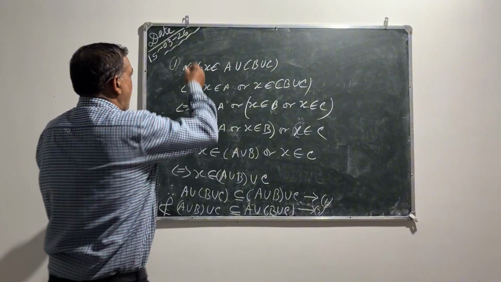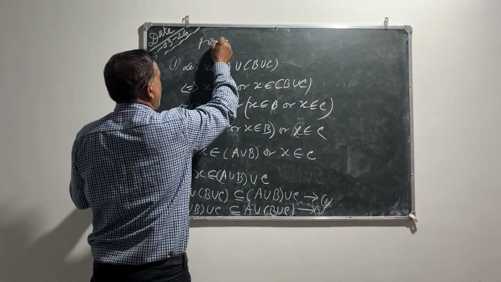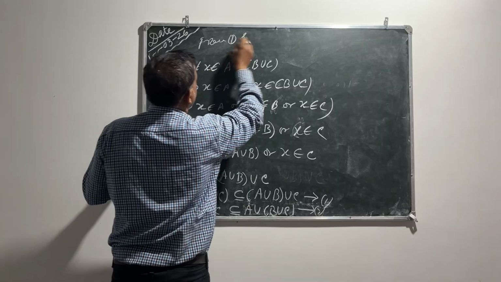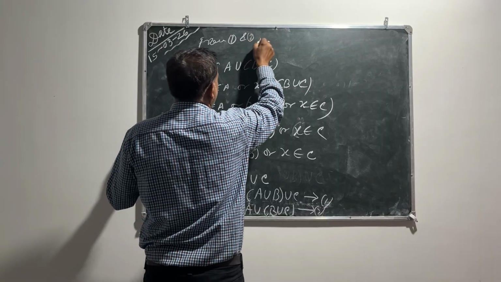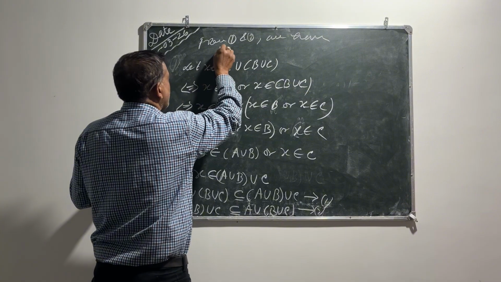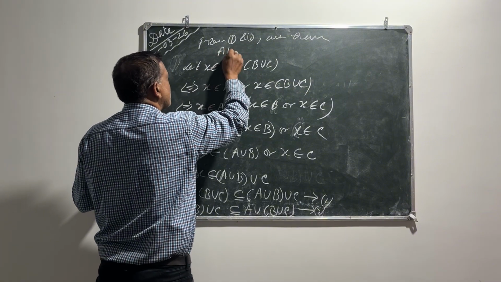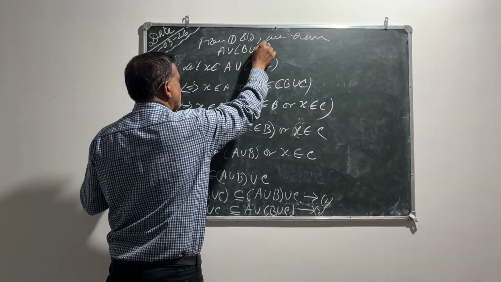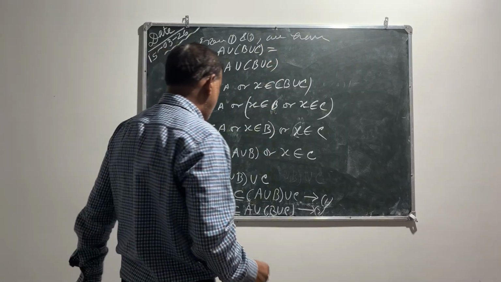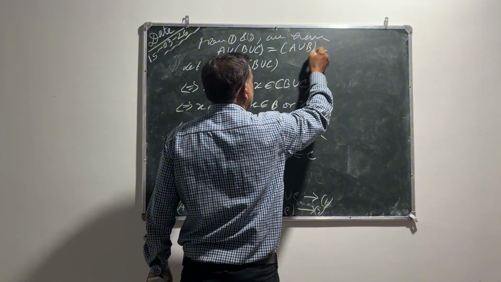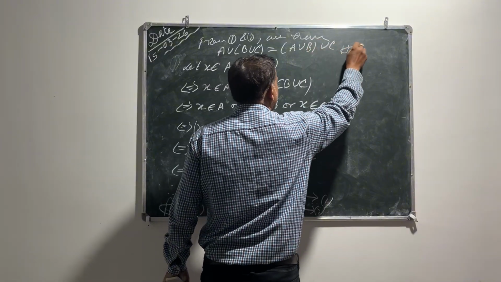Combining 1 and 2, from 1 and 2 we have A union B union C equal to within first bracket A union B union C and so on.